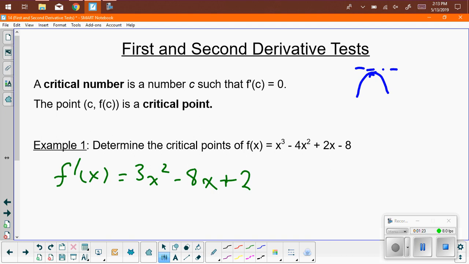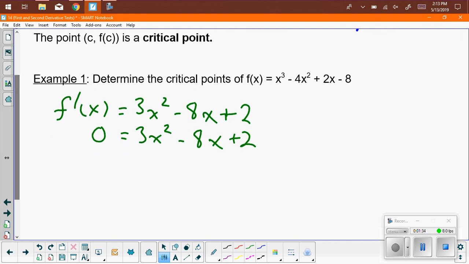Now, critical numbers make this equal to 0, so I'm going to set that equal to 0. My next step would be to factor this and try to get roots. So let's see, two numbers that multiply to 6 and add to -8, that's not going to happen. In this case, it's a quadratic, so I could go to the quadratic formula.